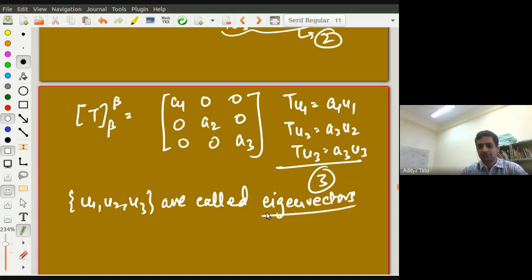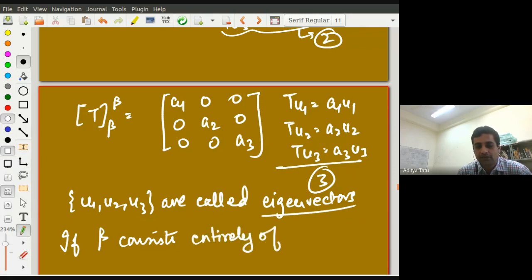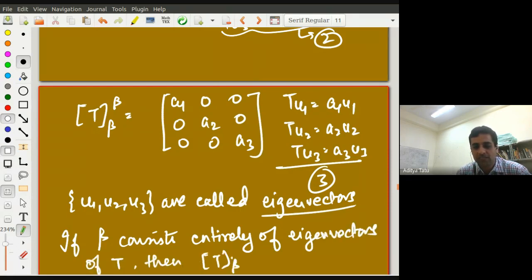And the conclusion here is if beta consists entirely of eigenvectors of T, then what sort of a matrix would T beta beta be?